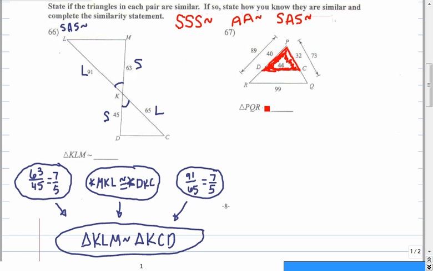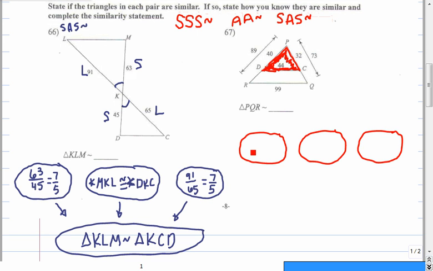Okay, we're going to use side, side, side similarity. So that means I need how many bubbles on the top level? 3. Okay, what number would you like to start out with? Okay, so 89 in the large triangle compares to what in the smaller triangle?